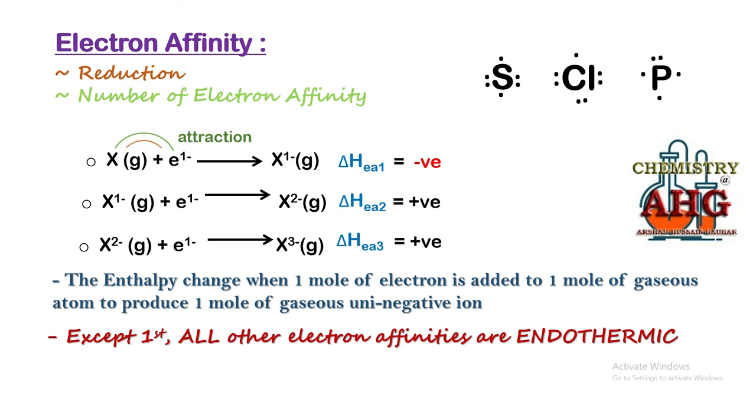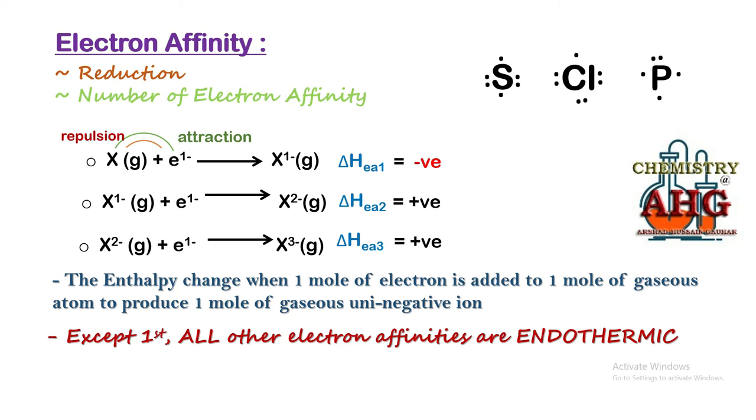They cause repulsion to the incoming electron. Repulsive force absorbs energy. In the first case, force of attraction is greater, force of repulsion is lesser. Energy released is greater than the energy absorbed. That is why overall this step becomes exothermic.